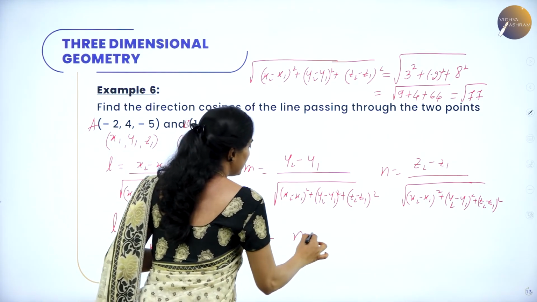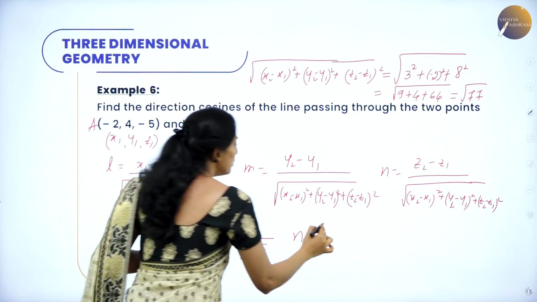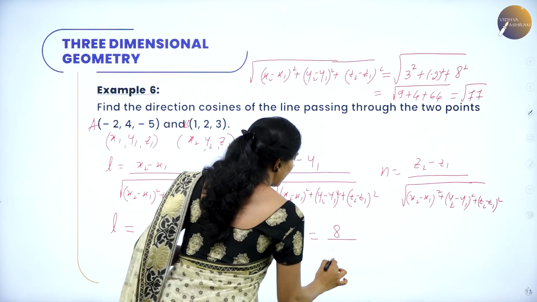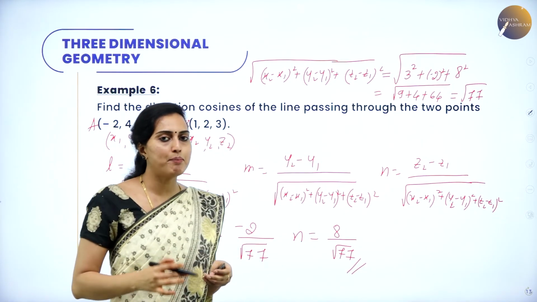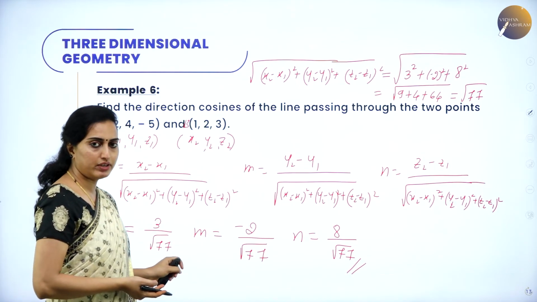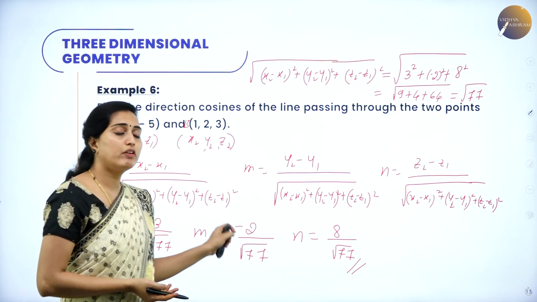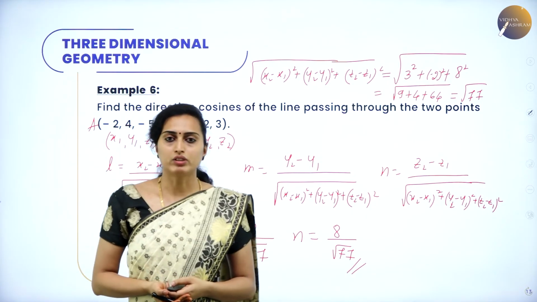Similarly, n is equal to z2 minus z1, 3 minus of minus 5, which is 8, divided by the square root of 77. This is your l, m and n. So l, m, n is 3 divided by root 77, minus 2 divided by root 77, 8 divided by root 77. So, that's it.